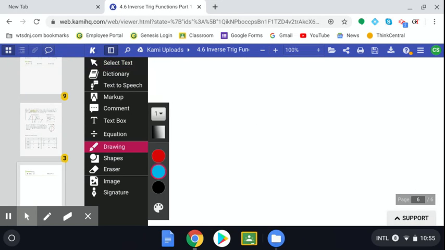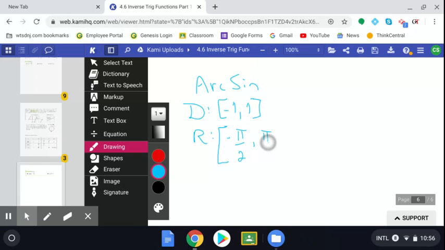So this is what you need to do for arc sine, or inverse sine. The domain is going to be between negative 1 and 1, including, and the range has to be between negative pi over 2 and pi over 2, including.